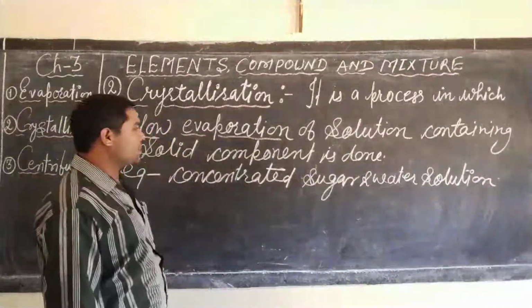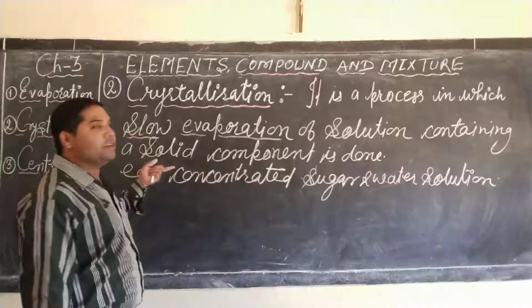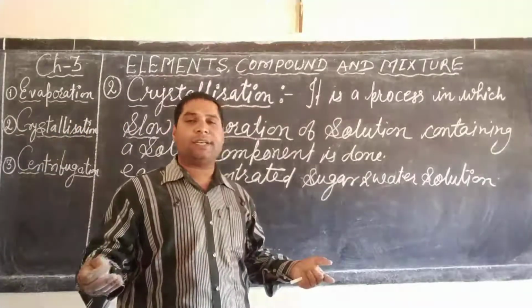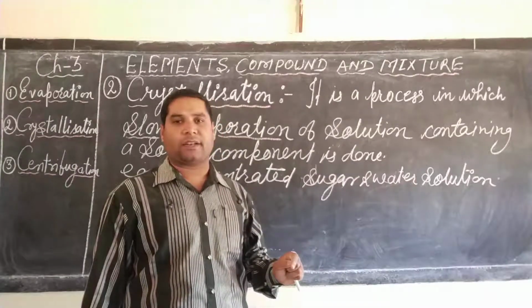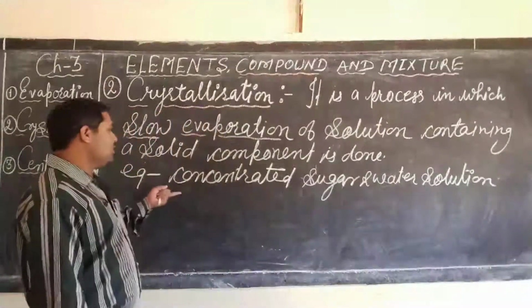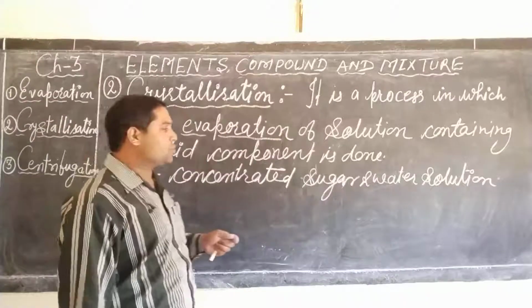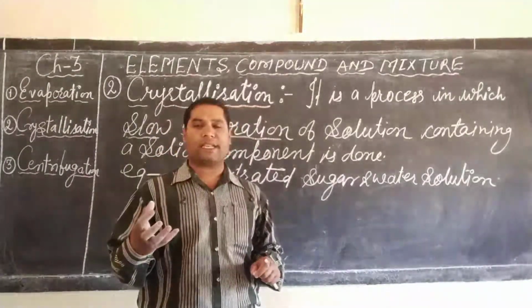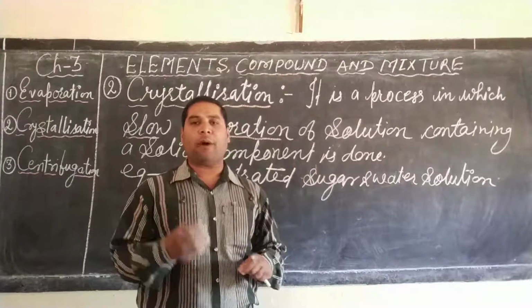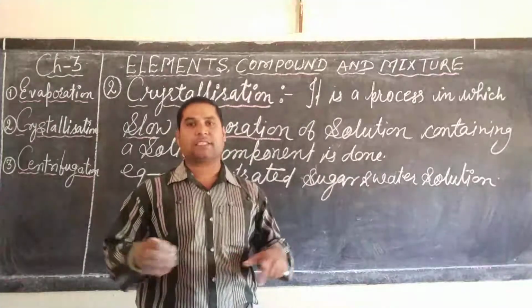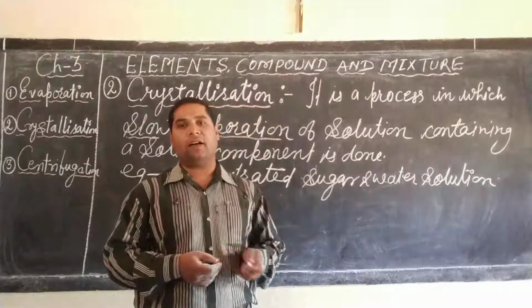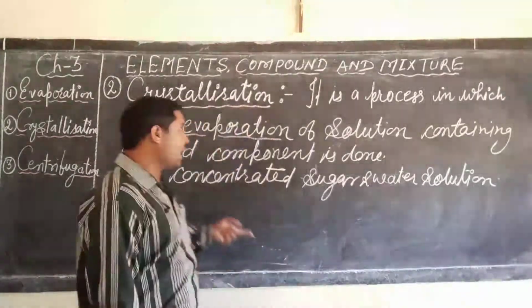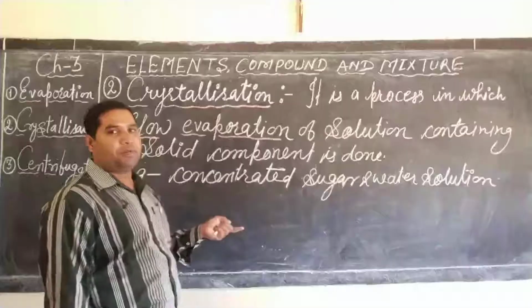So slow evaporation of the solution containing more solid component is done. Take an example, concentrated sugar solution, sugar and water solution. What do you mean by concentrated? In which the amount of the solute is more than the solvent. So let us understand the process with the help of a diagram.